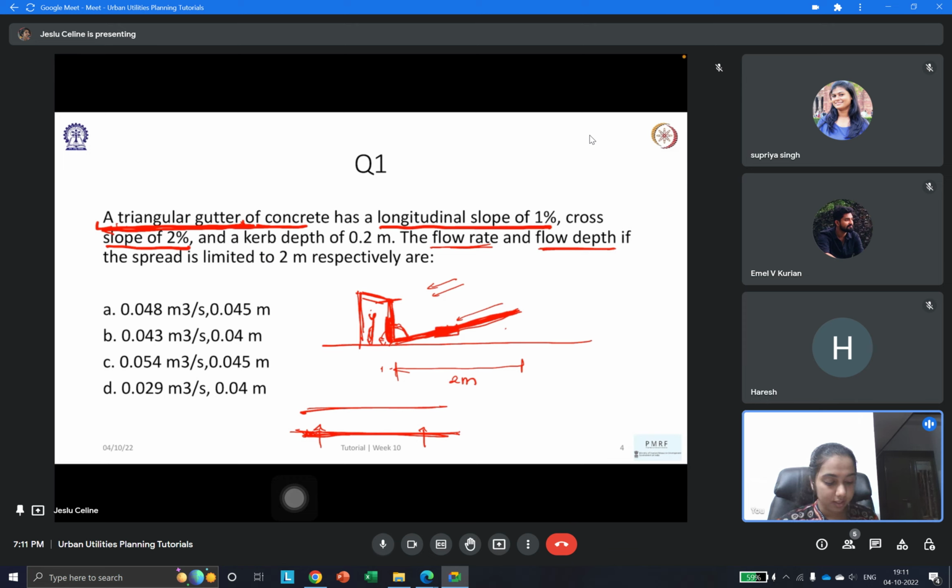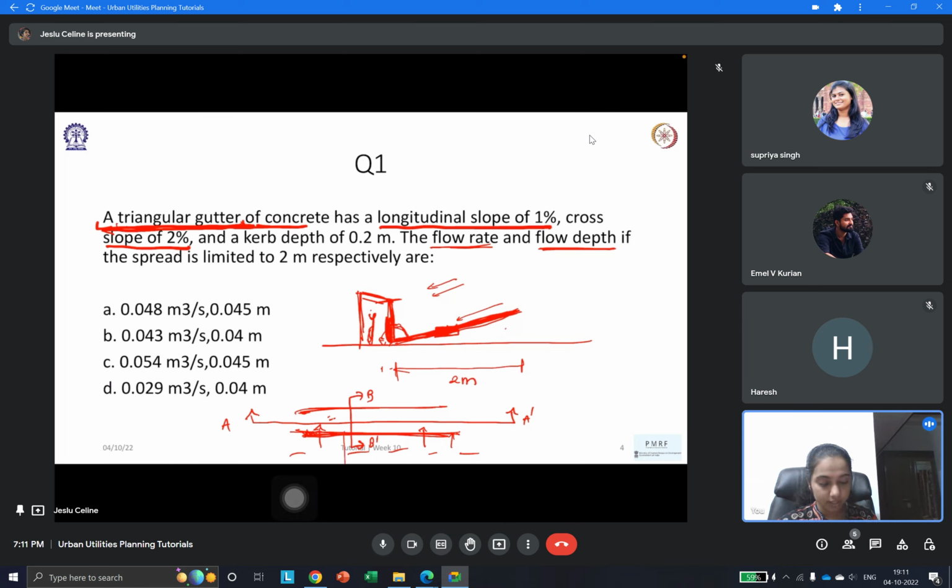Let's imagine that this is the road, and from this road water is going into this side and the drain is located over here. If we cut along the whole length, A dash, that will be the longitudinal section, whereas if we take a cross-sectional cut, B dash, that is the cross-sectional section.